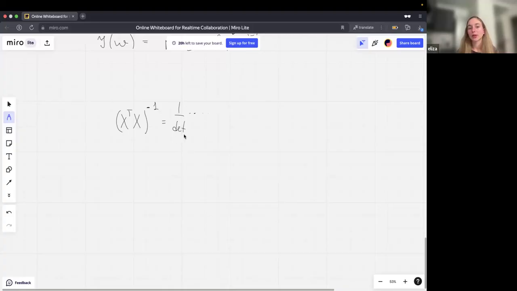And when you calculate the determinant of this matrix, if you have collinear features, you get that the determinant is 0. And when you calculate the inverse matrix, you get 0 in the denominator, and it's a bad situation when we can't work.